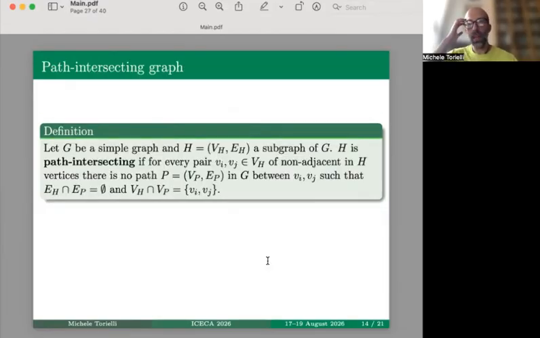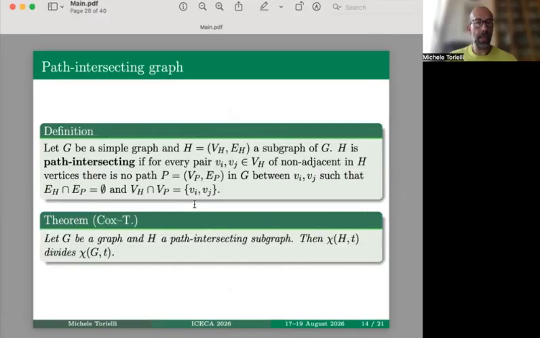Now, to describe our approach, we need to first introduce a new kind of subgraph. If I take G, a simple graph, and H, a subgraph of G, then H is called path intersecting if, every time I take two vertices of H that are non-adjacent in H, every possible path that goes from vi to vj, or vj to vi, is completely contained in H. Why do we want this kind of subgraph?